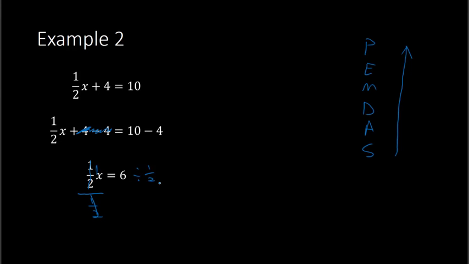On the right side, we have 6 divided by 1/2. Remember, when I divide fractions, that is the same thing as multiplying by the reciprocal. So instead of dividing by 1 over 2, I multiply by 2 over 1. So we have 6 times 2 over 1, which is the same thing as 6 times 2, which would equal 12. So my solution would be 12. That is one way to think of it.